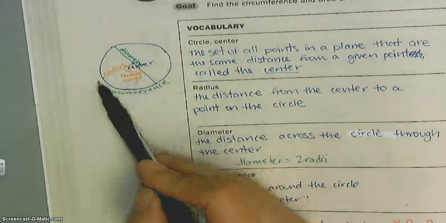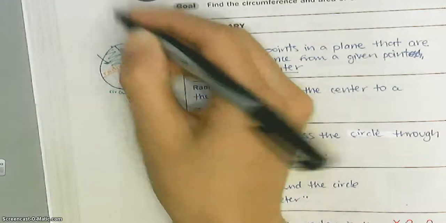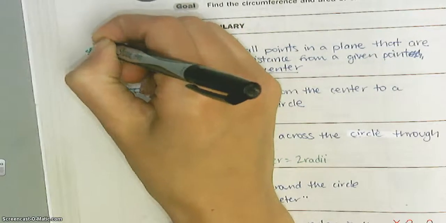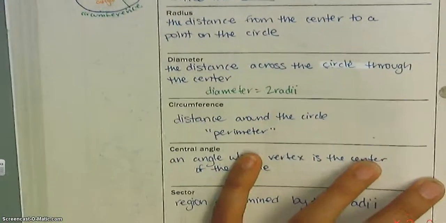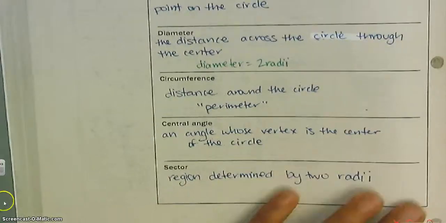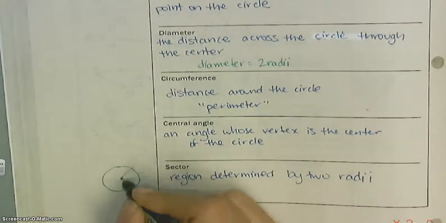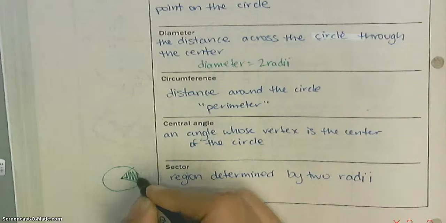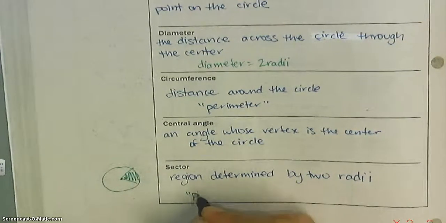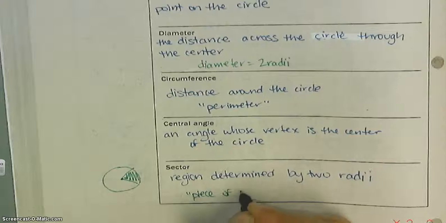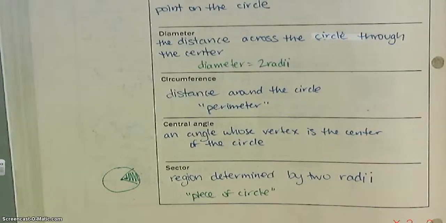So look, here's a radius and here's a radius. This is a sector. It's like a piece of pie. It's part of the circle. That is a sector. It's a piece of the circle, if we were to slice it up like pie.